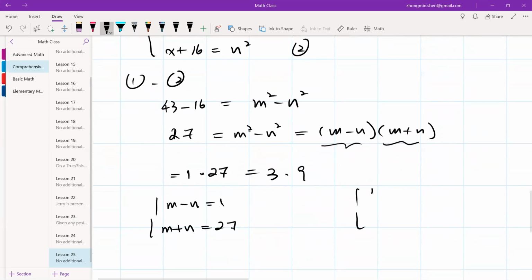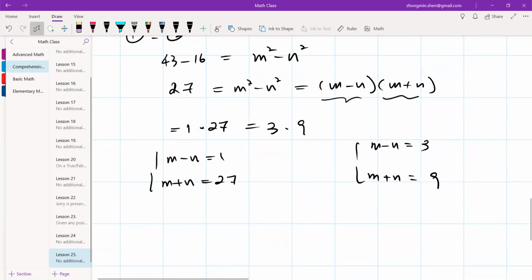Another possible solution will be m minus n equals 3, m plus n equals 9. So here, add them together: 2m equals 28, m equals 14, then n equals 13. That's the first solution.